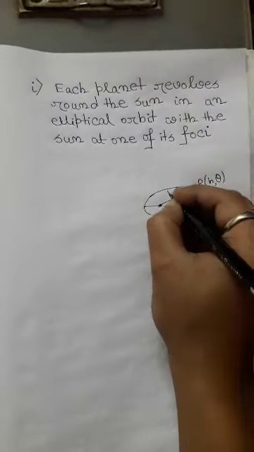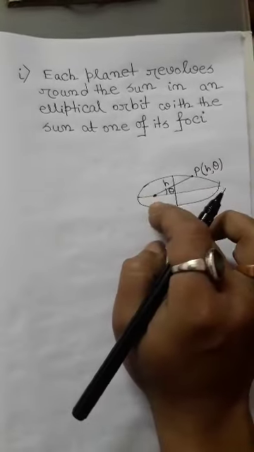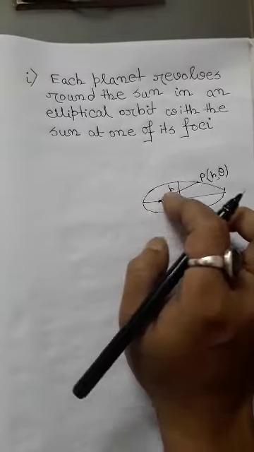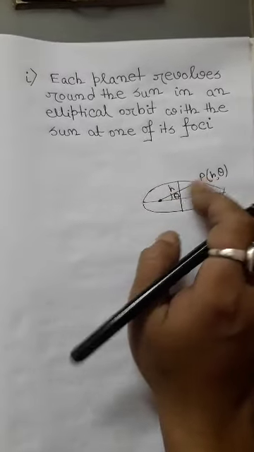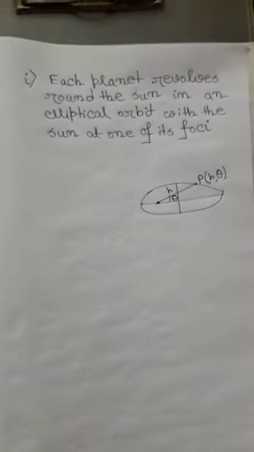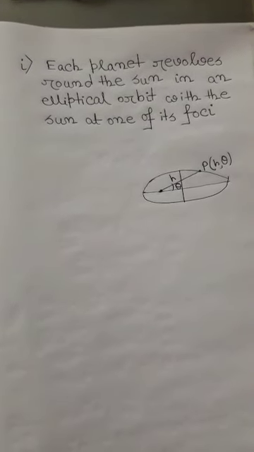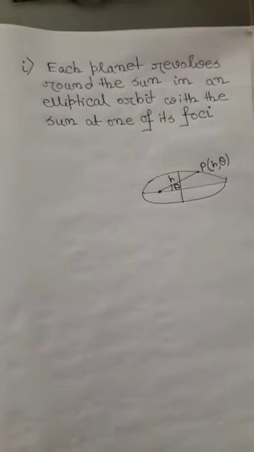Say this is r and this is theta. So this is the picture: the sun is located at one of the foci of the elliptical orbit, and this is the planet. So each planet revolves around the sun in an elliptical orbit with the sun at one of its foci. This is the first law.